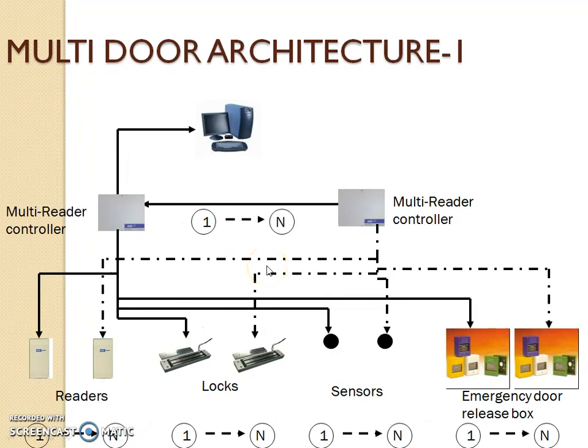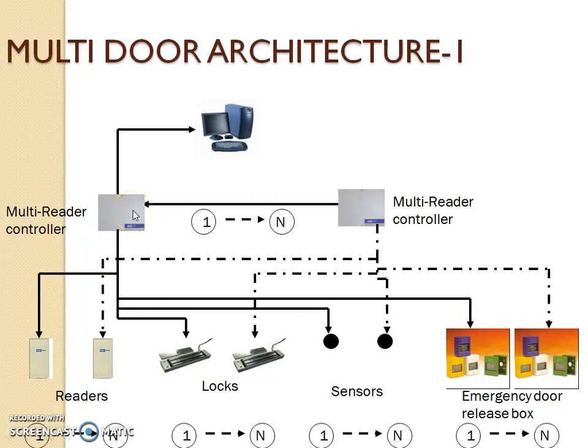Coming to multi-door architecture, which is enabled by the multi-reader controller. As you can see here, it is connected to more than one door. Say, for example, you have 4 or 5 doors. All the readers are accessed through this controller.